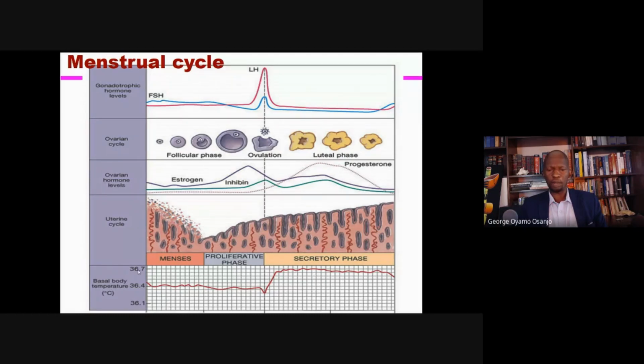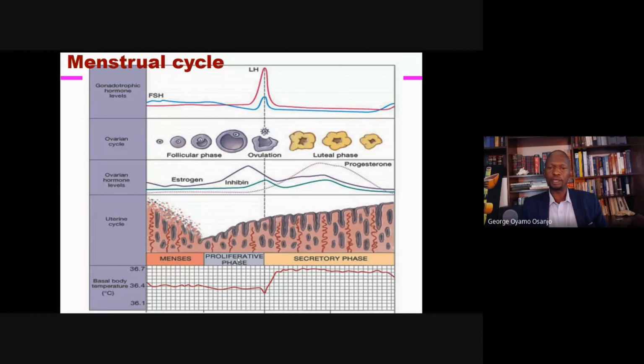If you look at what happens in the endometrium, or the uterus, during the menstrual cycle, we can divide what happens in the endometrium into 3 phases. One is the proliferative phase, if you can see my cursor there, which happens from around day 6 to day 14.